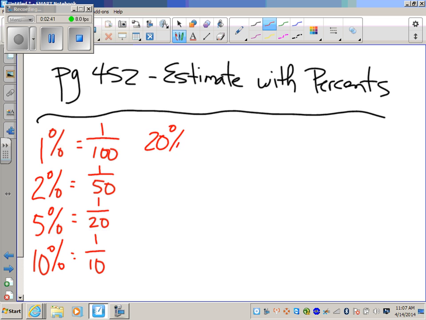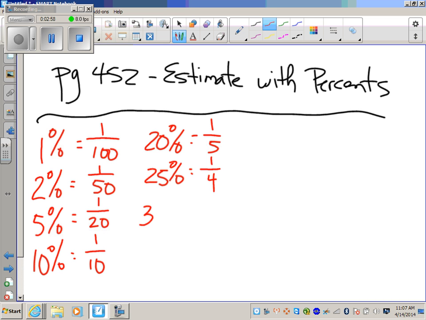20% is 20 over 100, but if I simplify, it's 1/5. 25% is 25 over 100, but if I simplify, 1/4.